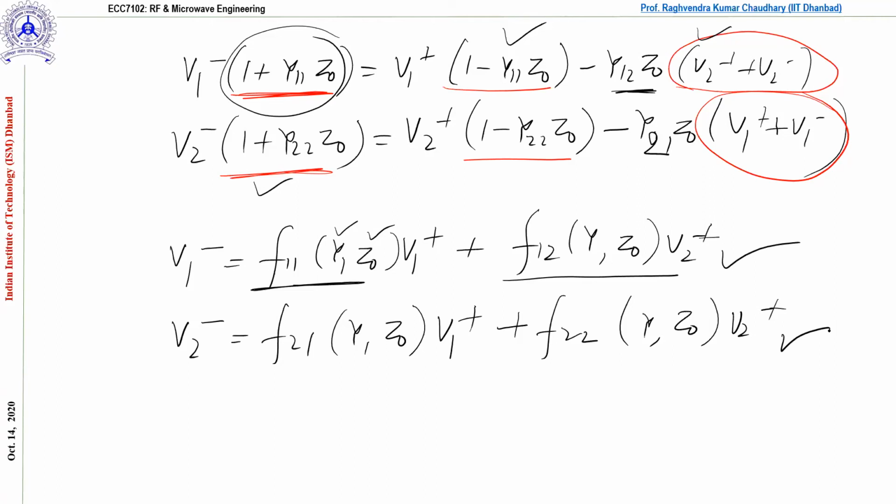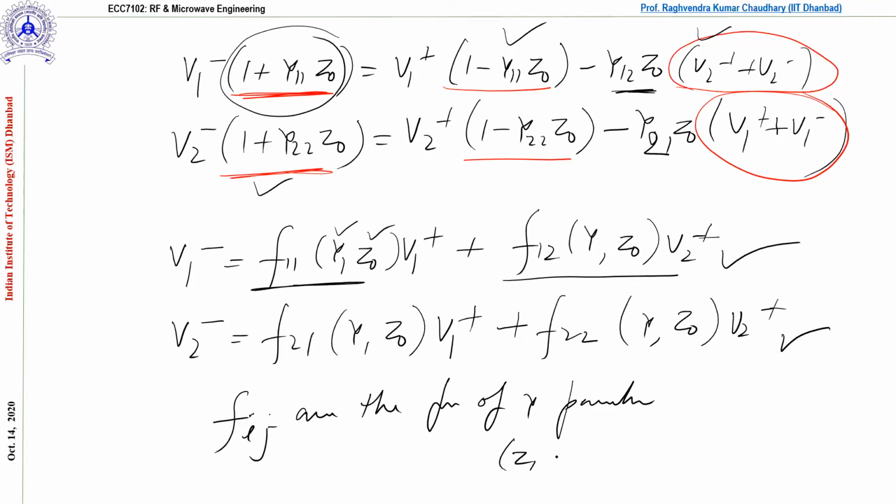In particular, the fij are functions of the Y parameters. Even if you start with Z parameters, ABCD, whatever you want, you can rewrite in those terms. It is not a hard and fast rule; you can start with Z, Y, or ABCD parameters.